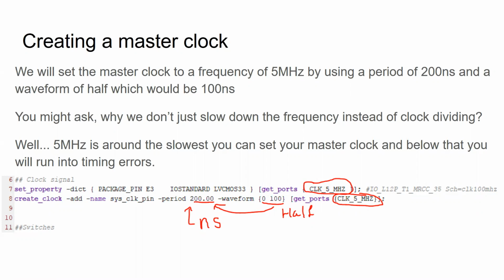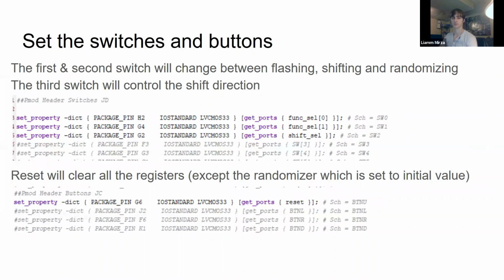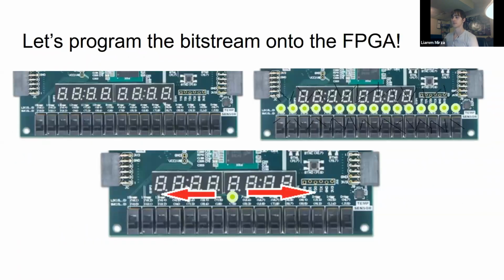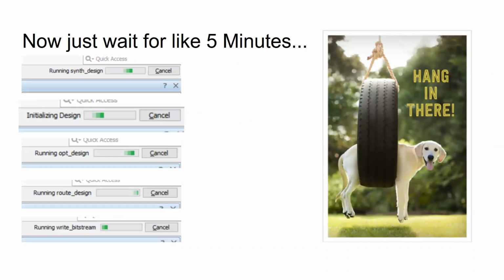Oh yeah, I managed to generate my bitstream correctly. That's good. No warnings, nothing. Awesome. If you're on the lab computer, you can probably try programming. I think we waited a bit more than 5 minutes.